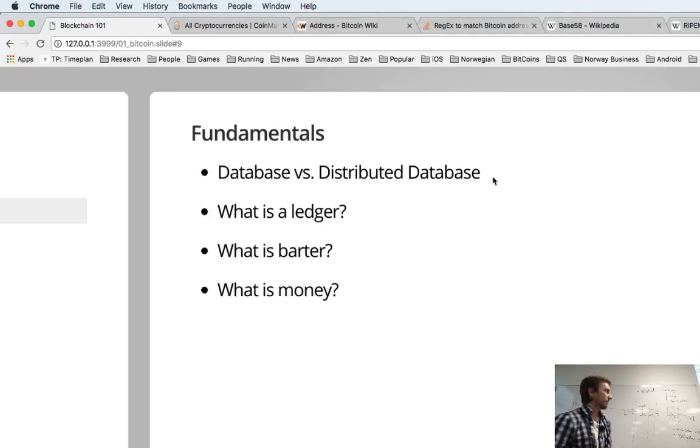Okay, what's barter? In the old days, before the concept of the currency was invented, how were people trading with each other? Exactly, they were exchanging goods. So barter is basically a goods exchange. I'm going to go to your home and fix your computer because I'm a computer scientist.